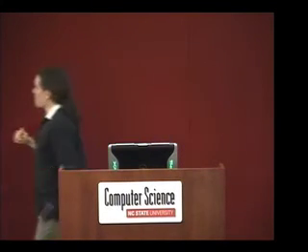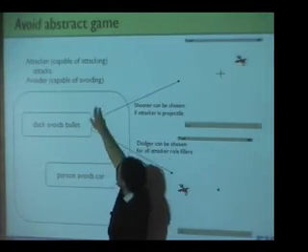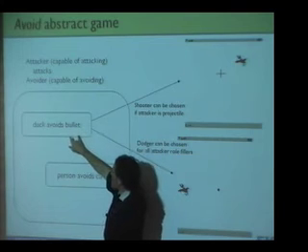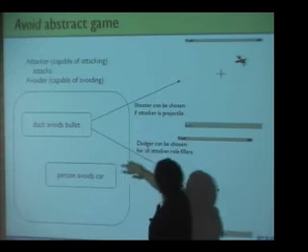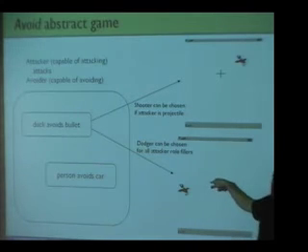If we look at the avoid abstract game, for example, the game space for avoider as an abstract game is attacker, something that's capable of attacking, attacks an avoider, something that's capable of avoiding, right? Instances in that abstract game space are like duck avoiding bullet or person avoiding car. Now, if you instantiate a specific abstract game in this space, duck avoids bullet, that could be refined as a shooter concrete game or a dodger concrete game.